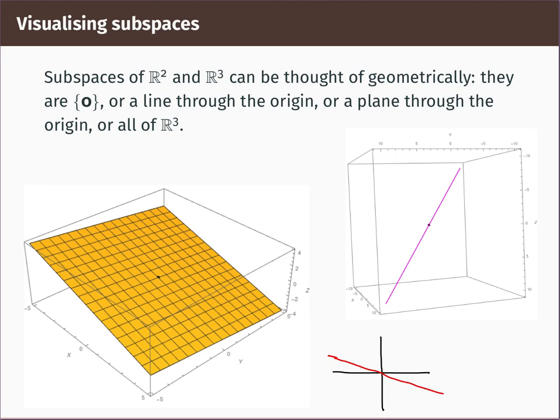Or in the case of 3 dimensions, we might have a plane through the origin. On the left of the picture there is an illustration of a plane through the origin, which is the black dot in the center. That will be a subspace because it contains the zero vector, that black dot. It's closed under scalar multiplication because what scalar multiplication does to vectors is scale them. If we have concrete height 3 column vectors, then when you multiply by a scalar, it just changes its length, but doesn't rotate it in any way.